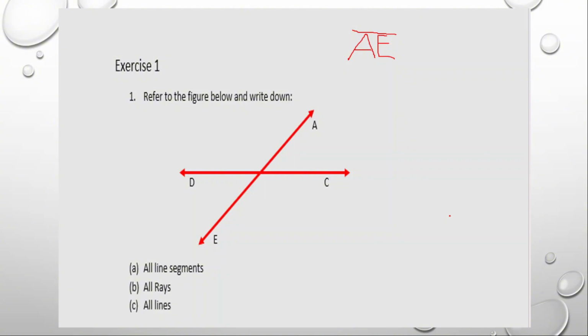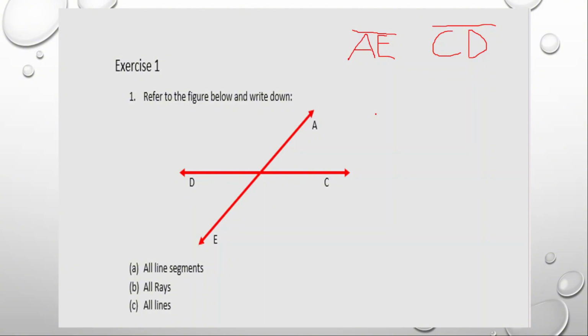We can call it EA also, but we always try to write it in alphabetical order. The next one, CD. Right? C and D. Don't forget, you must have your symbol there. Okay. And you can write it as DC. It's not wrong, but try to write it in alphabetical order.